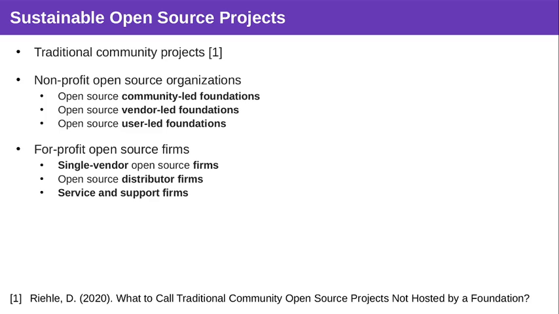The for-profit models are single-vendor open source firms where one company dominates or outright owns a piece of open source software. The distributor firms where the value to customers is in that distributor making sure tens of thousands, sometimes, of components work together well, and finally service and support firms which service well-known, important, but communally owned open source software.